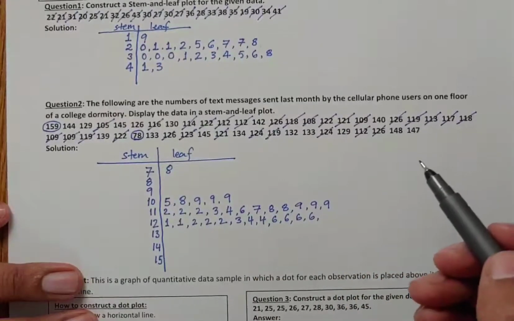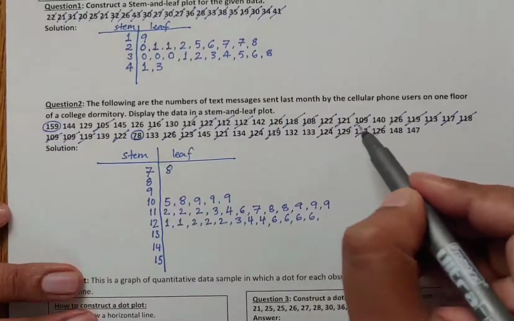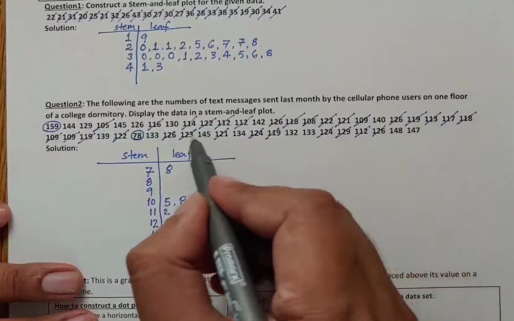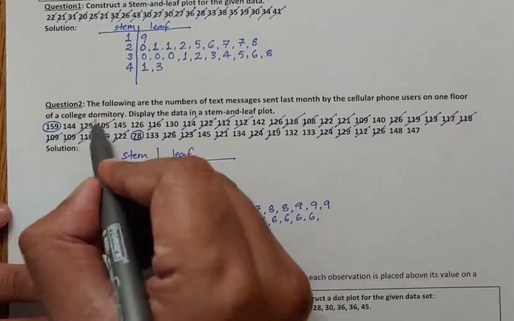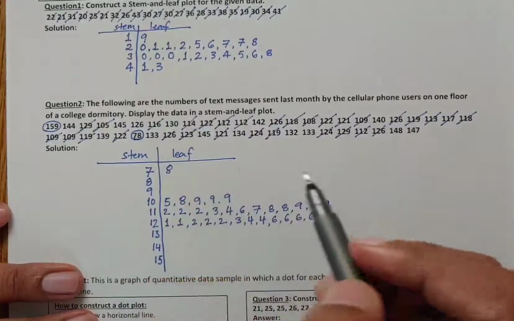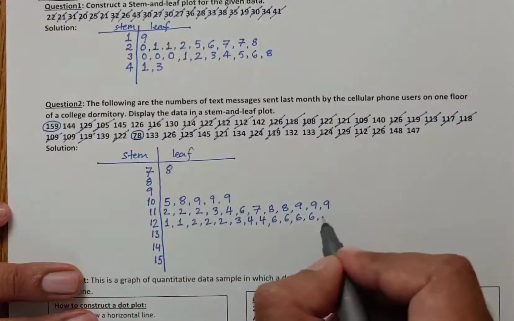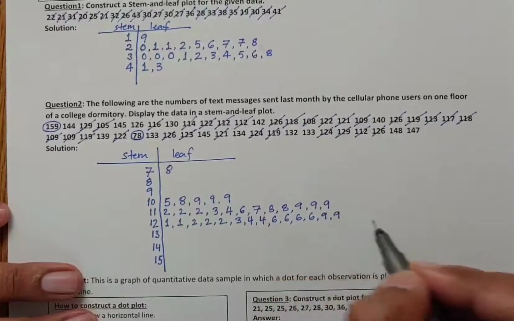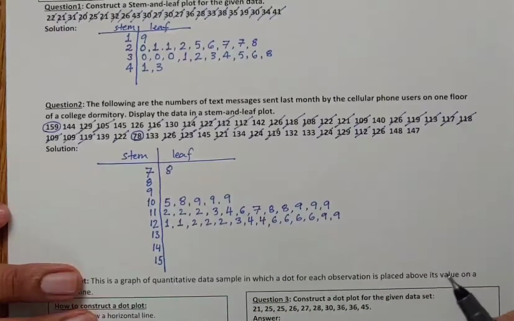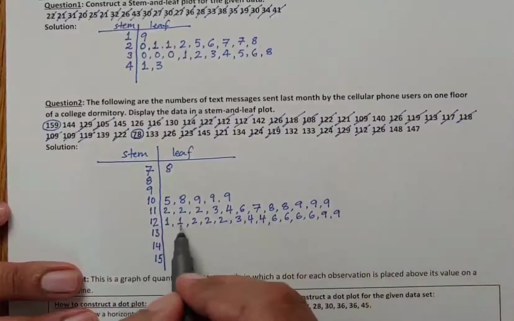And now we have 129, and 129, so we get two 129s. So these are the ones for this group.